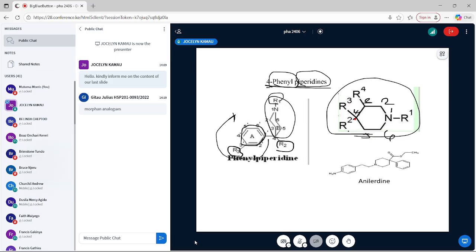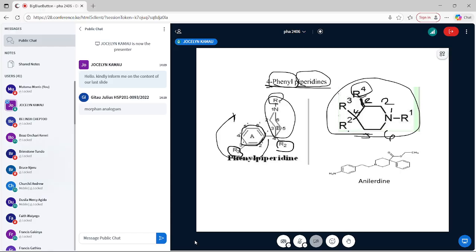So we are therefore saying one of these substituents, R2 or R3, must contain a phenyl ring. As to whether it is substituted with the hydroxyl group or not, that's a different story. But kindly note, in the phenyl piperidines, you can also have position 3 having a substituent, and that is what we are calling R4.